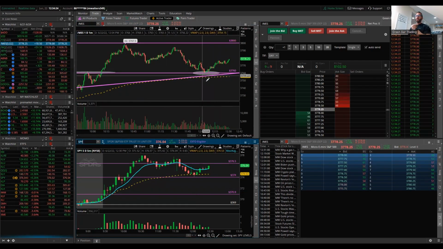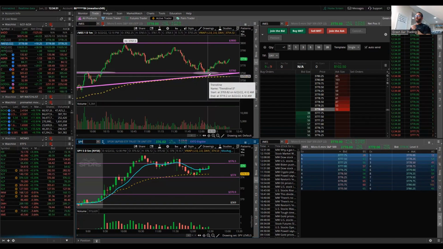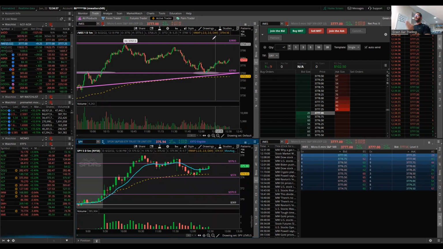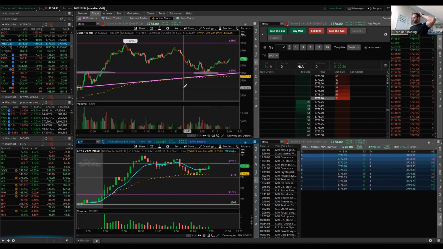Massive multiple confluence trade right here to get long. You're at support, you're over VWAP, you're at VWAP right here with a nice bounce off of a key level. This to me was a great time to get long. So that was that trade.